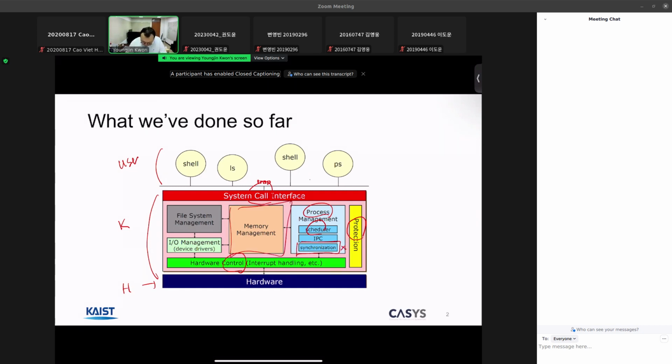Memory management is today's focus. File system and I/O system come later, after the midterm period. So memory management is the key focus of today.